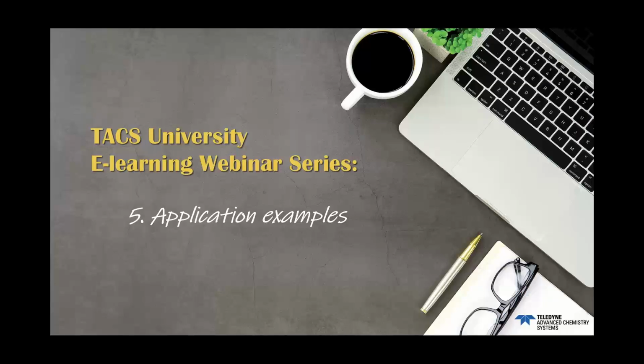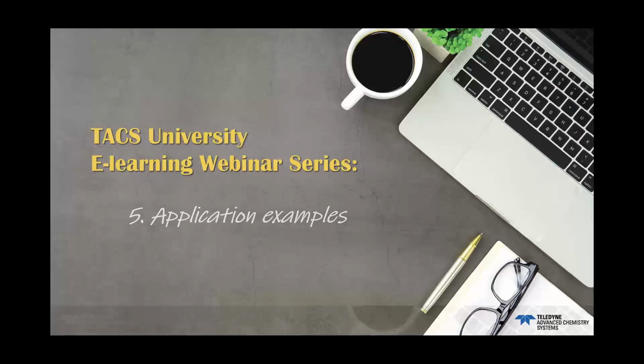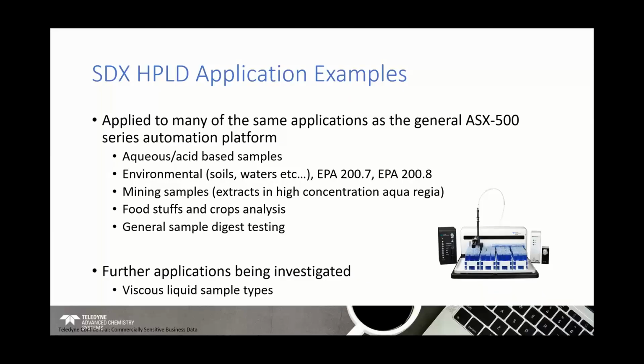So examples. I've got two key examples that I want to work through with you, but I'm just going to start here with the idea of application. The SDX system can be applied very broadly, and it's applicable to many of the same applications that are typical of our ASX 500 series automation.